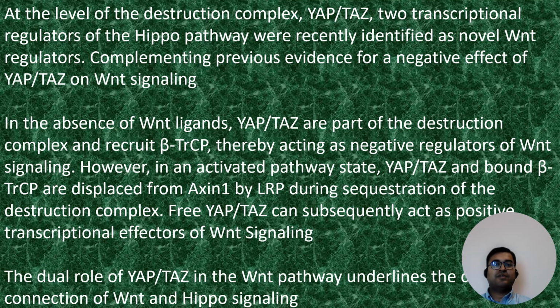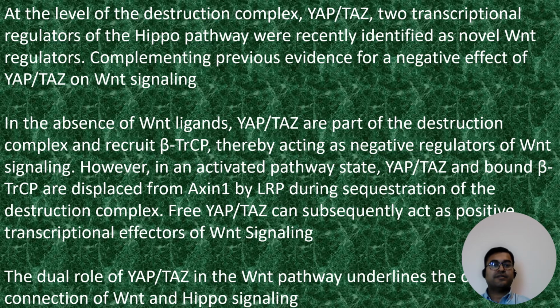Now at the level of destruction complex, YAP-TAZ, two transcriptional regulators of Hippo pathway, are identified as Wnt regulators, and we have already discussed that this YAP-TAZ has dual role in Wnt signaling regulation. So in the absence of Wnt ligand, YAP-TAZ are part of destruction complex and recruit beta-TRCP, thereby acting as negative regulator of Wnt signaling.